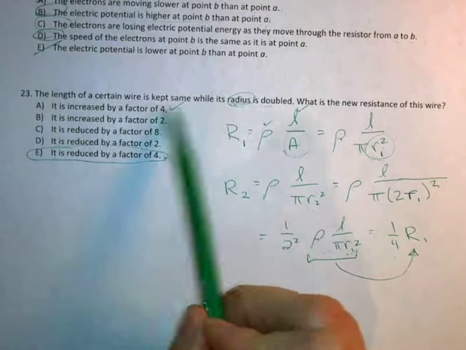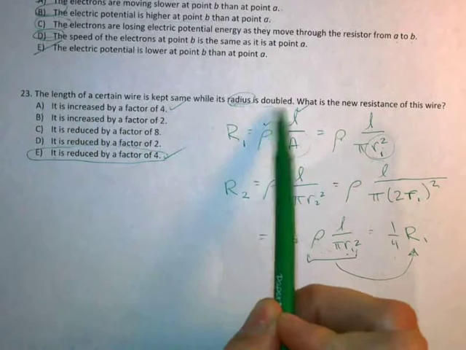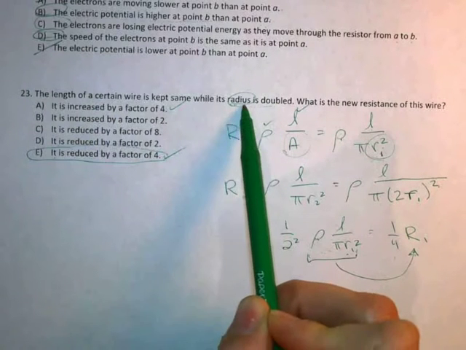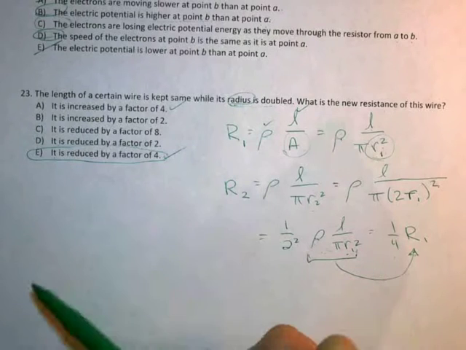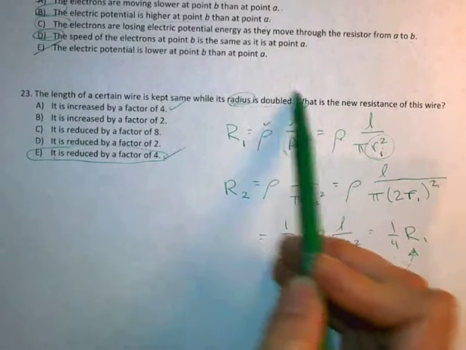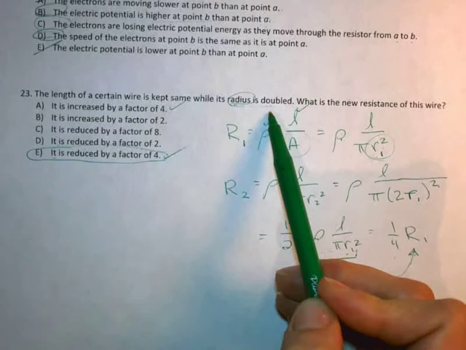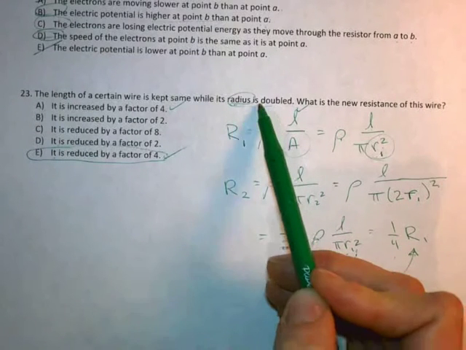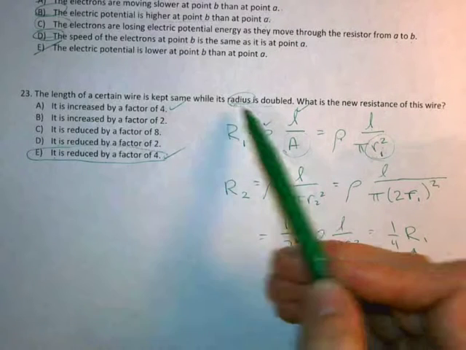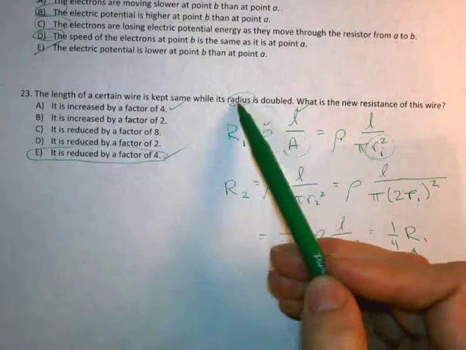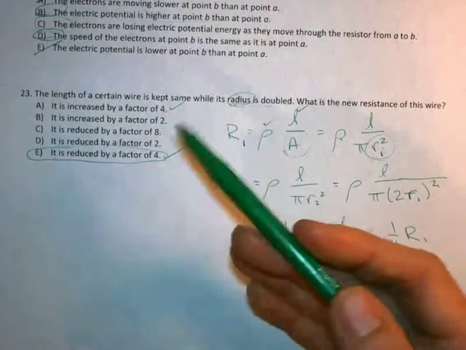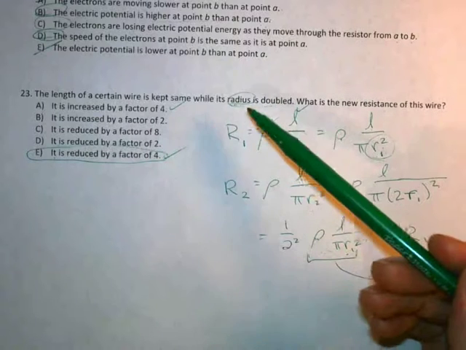Next, physically, the length of a wire is kept the same while its radius is doubled. So if I go to the analogy of water going through a water pipe, I can fit a lot more water through a bigger radius pipe. Resistance is the resistance to flow of electrons, just like the water pipe. The bigger water pipe will have more water flowing through it.